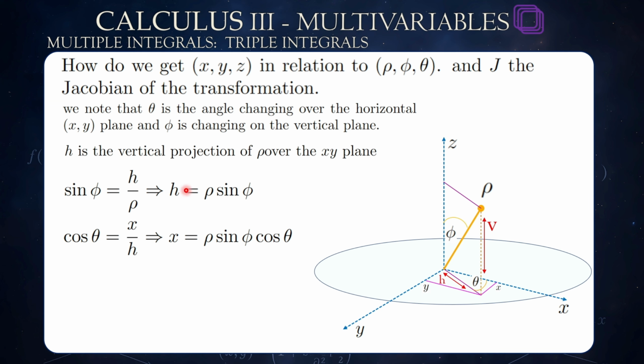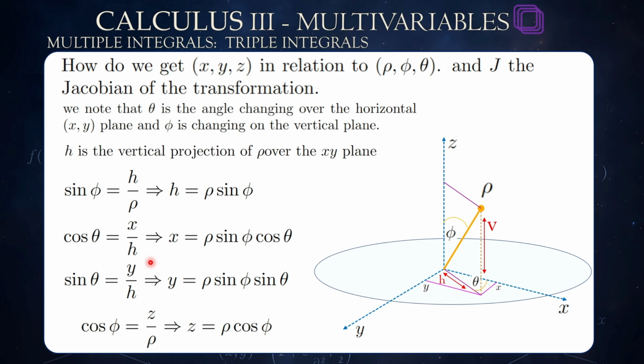So we replace the value of h: x equals rho sine phi cosine theta. Then sine theta is equal to y divided by h. So y equals h times sine theta, which is rho sine phi times sine theta. Finally, cosine phi is equal to z divided by rho, then z equals rho cosine phi.